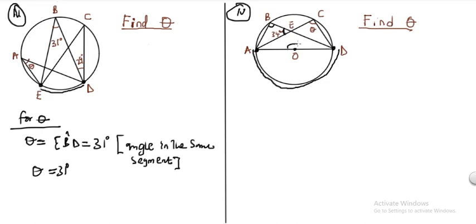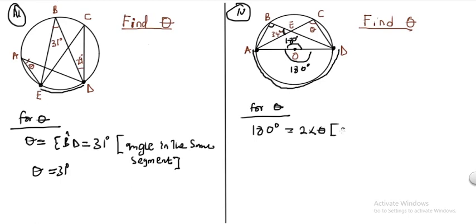Now this is a straight line, so this angle is simply 180 degrees. Okay, so the arc here makes an angle of 180 degrees with the center, so we can use it to tell theta. So we can say for theta here, angle at center, which is 180 degrees, is equal to 2 times theta.